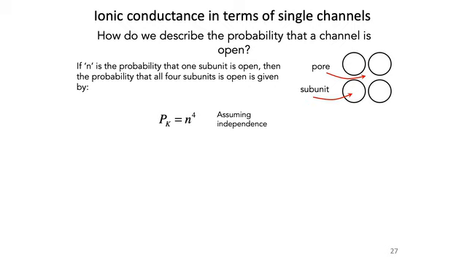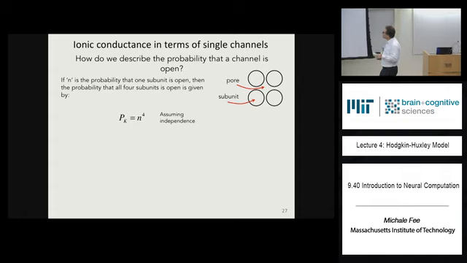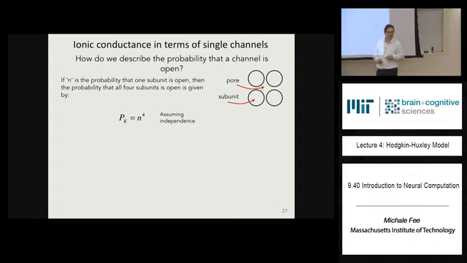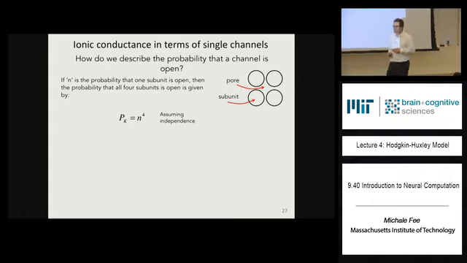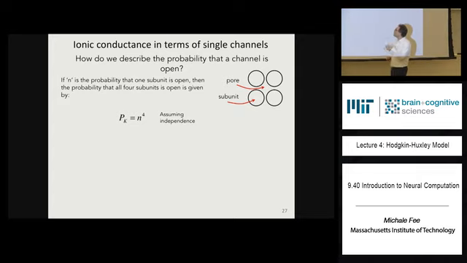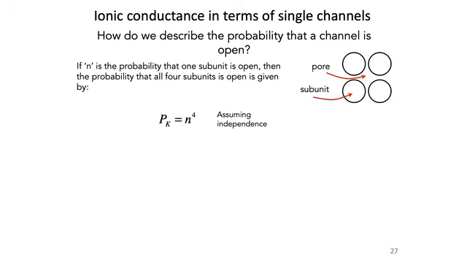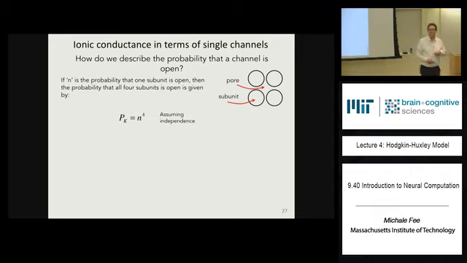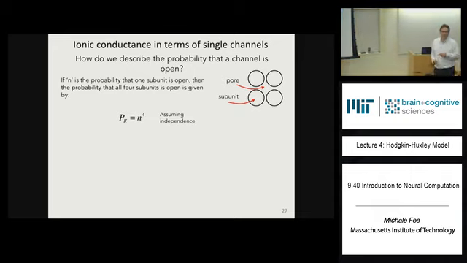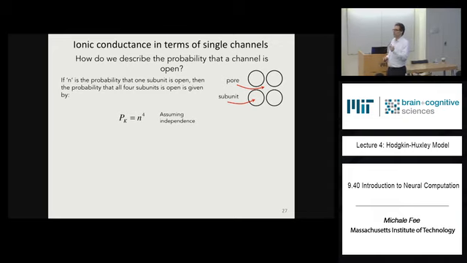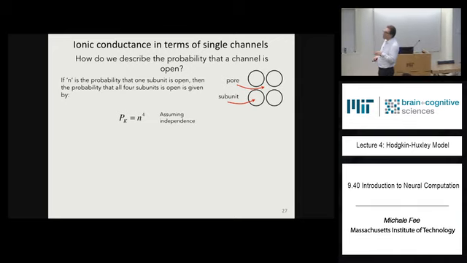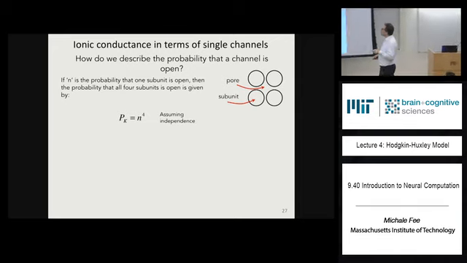So if n is the probability that any one subunit is open, I meant to make you guys answer this question before I show the answer, but is it clear how, if any one subunit has a probability of being open of n, then the probability that the whole channel is open is n to the 4? Okay? This n is called a gating variable. I would like you to know that the probability that a potassium channel is open is n to the 4.